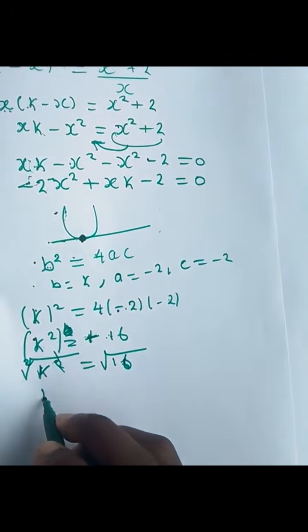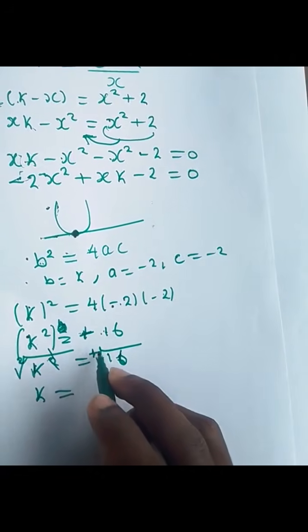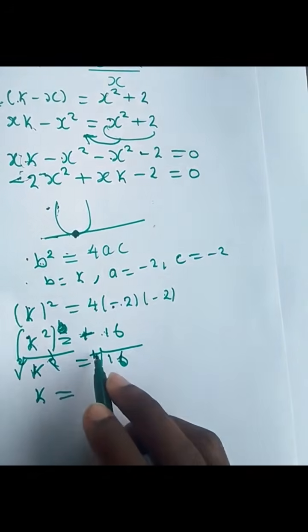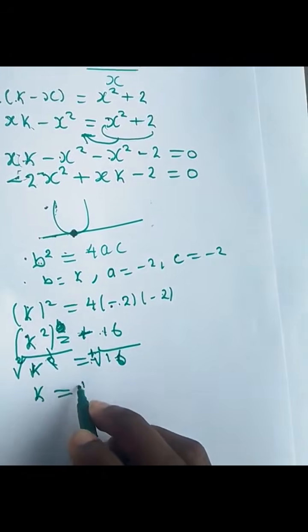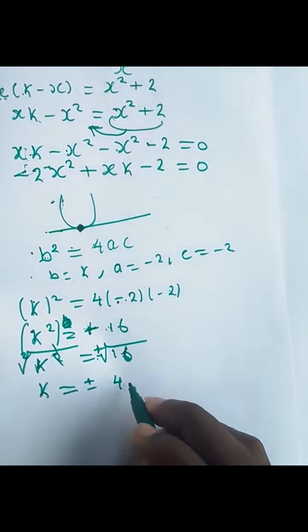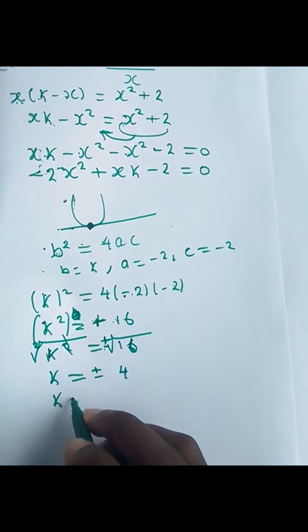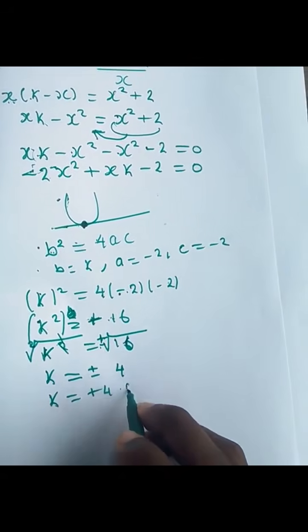Here we are just going to remain with k. When we introduce square root, we end up having plus or minus. Square root of 16 is 4. So the possible values of k are positive 4 or negative 4.